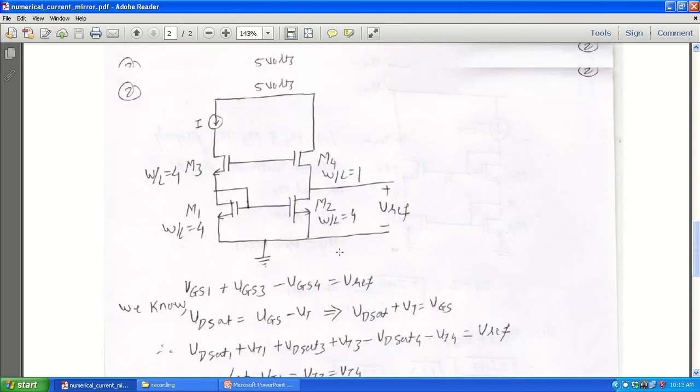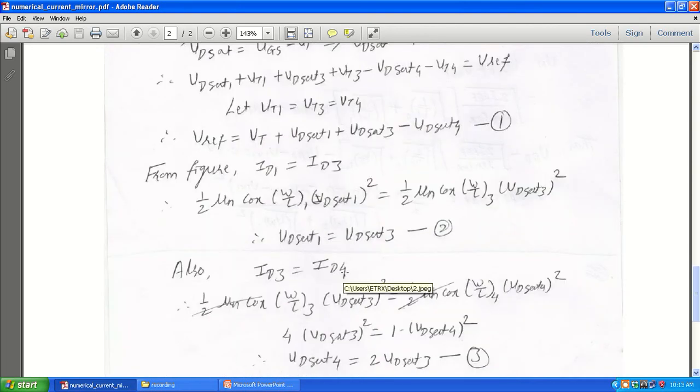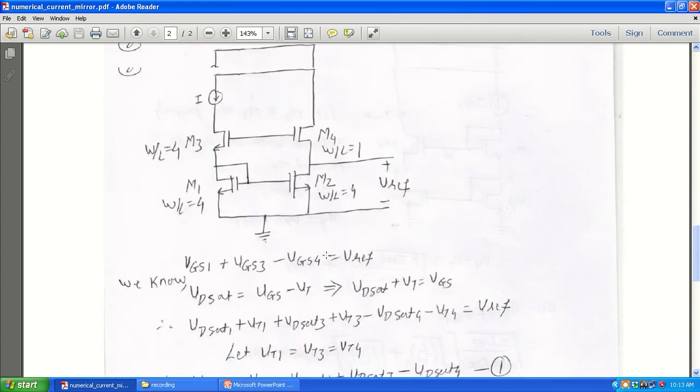Also observe the figure. From this figure you can say that ID2 and ID4 are the same, or ID3 and ID4 are the same, correct?